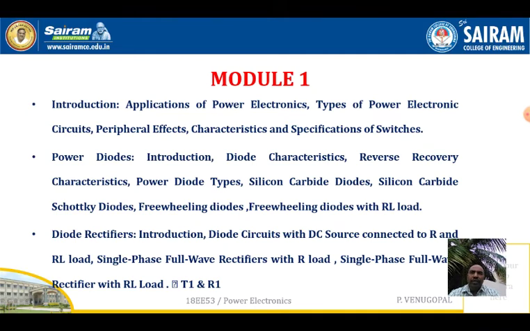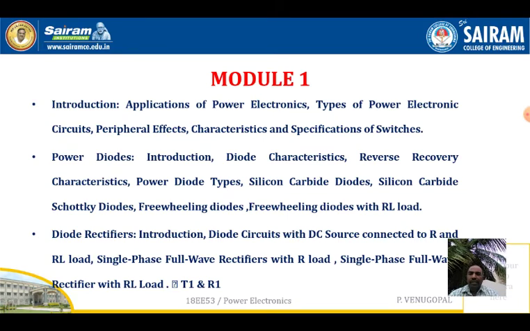As you know, all the subjects consist of 5 modules, and we'll discuss module by module. So first, what the syllabus presents in module 1. In module 1 you are studying the introduction to power electronics, meaning applications of power electronics, types of power electronic converters or types of power electronic circuits, both are the same, peripheral effects, characteristics and specification of the semiconductor switches.